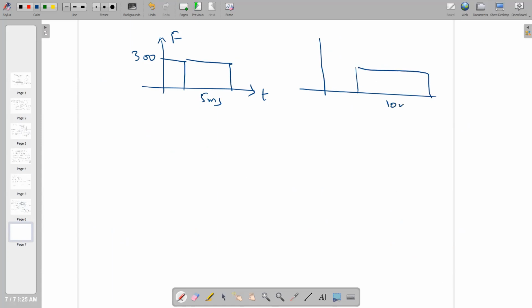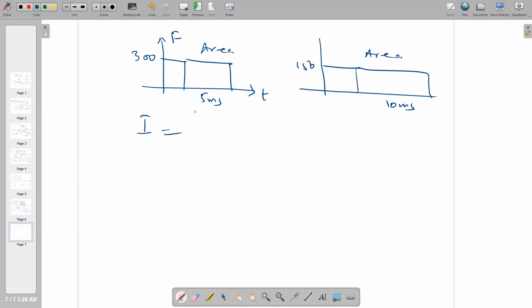This is 10 millisecond and this value is 150. Now the question is, which graph has greater or lesser impulse? So you will find the area under the graph of this one and the area under the graph of this one, and check the answer.